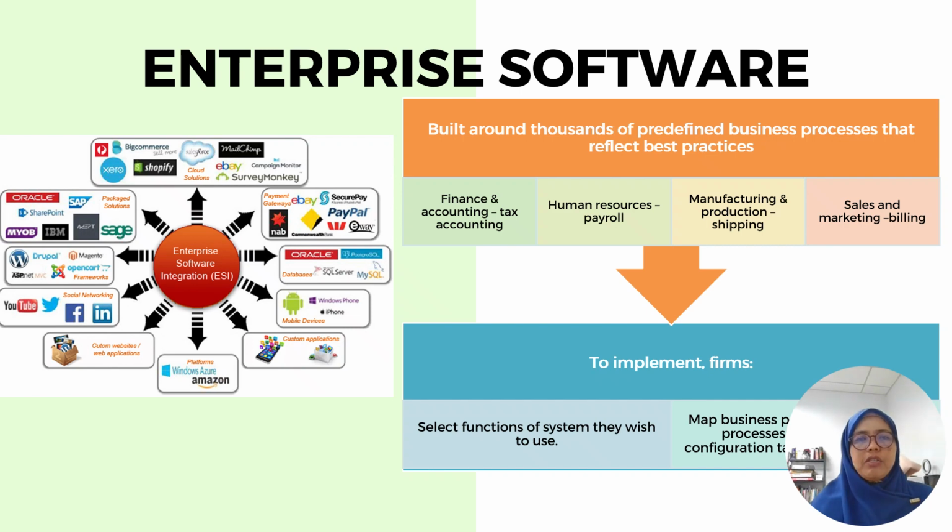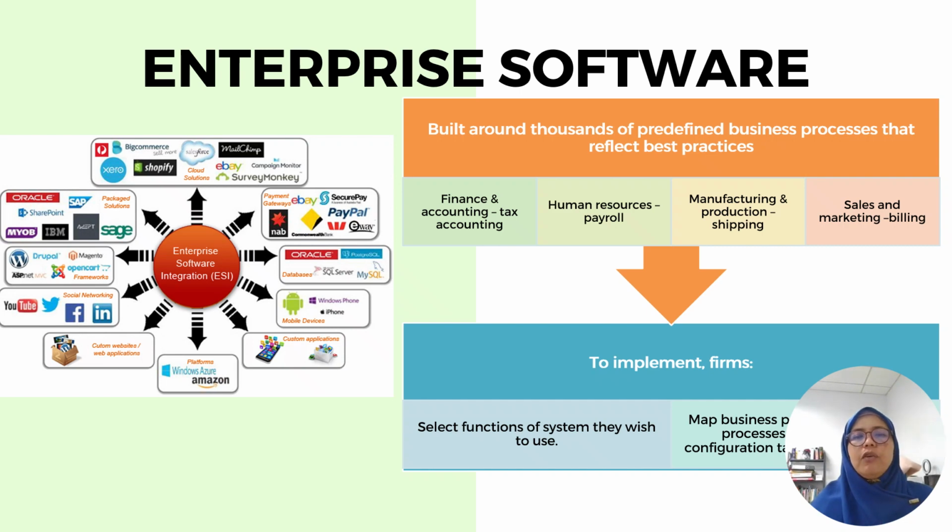For human resources, it will include payroll, personnel administration, time accounting, workforce planning, travel expense reporting, and everything covered under human resources. And the next one, for manufacturing and production, it will include procurement, purchasing, shipping, quality control, and the product and production.